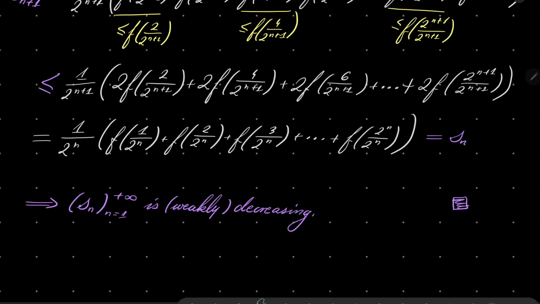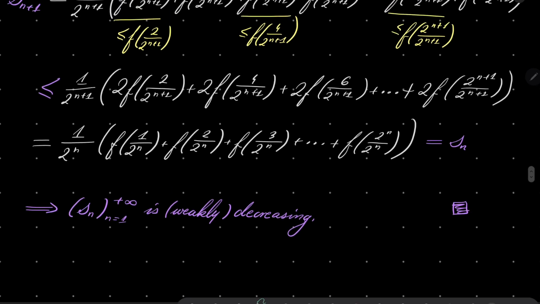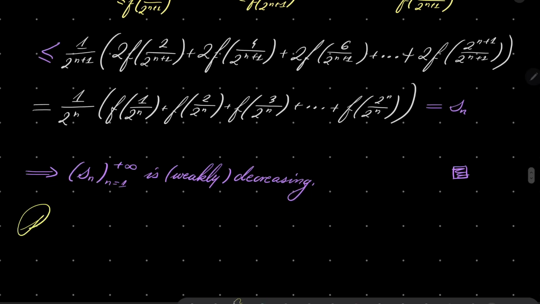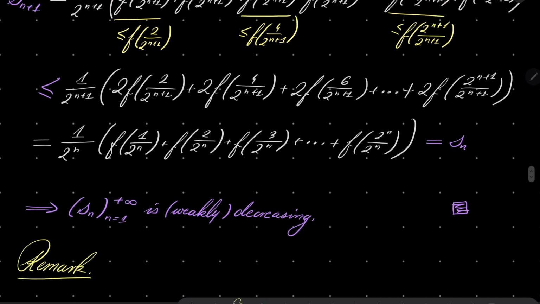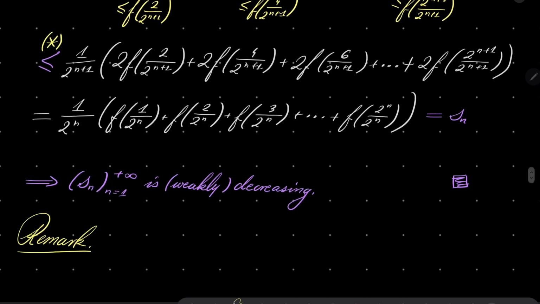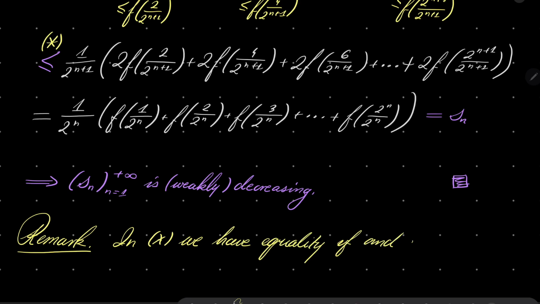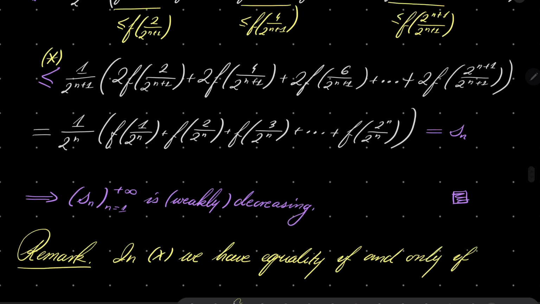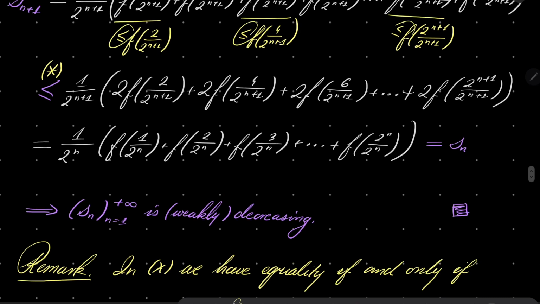Alright, but let's also see one more thing, a remark, which will be useful. Remark: if I denote this inequality by asterisk, in asterisk we have equality if and only if in each of these we have equality.